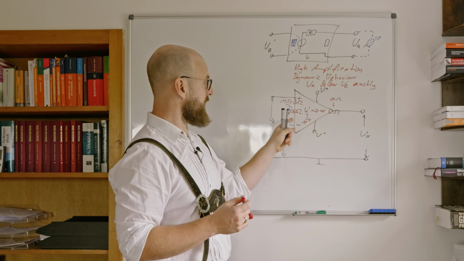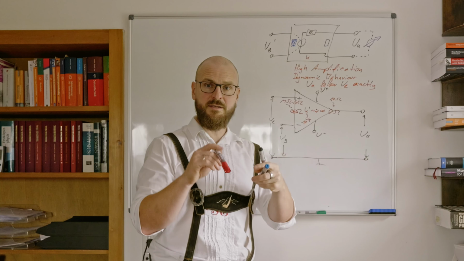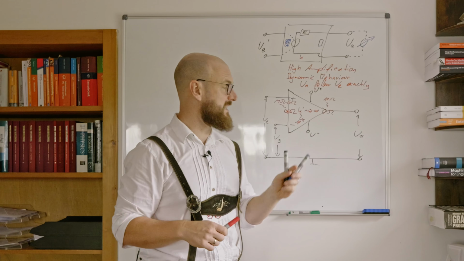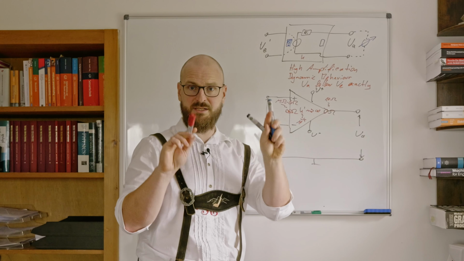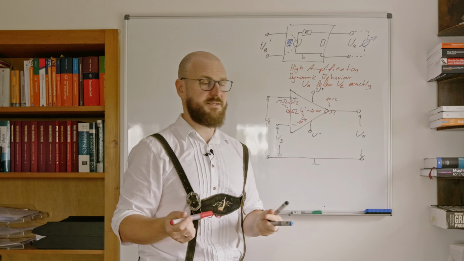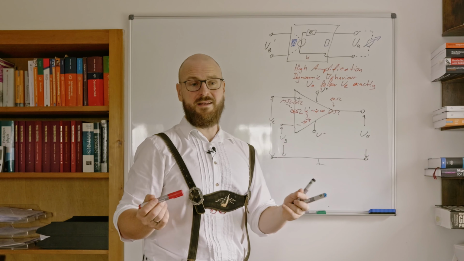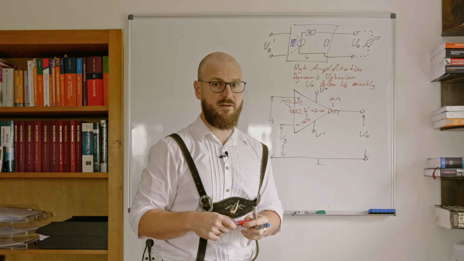Then moreover, we could apply some alternating current over here, synchronized at the plus and the minus input, so that the difference between those two voltages at plus and minus again is 0. Again, we would expect to get a 0 output voltage, but again, we don't get a 0 output voltage.